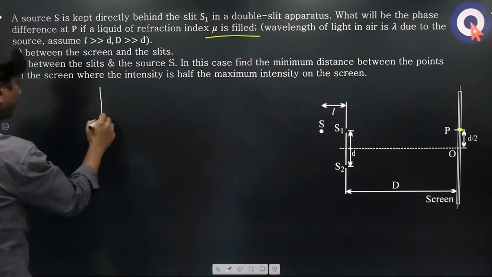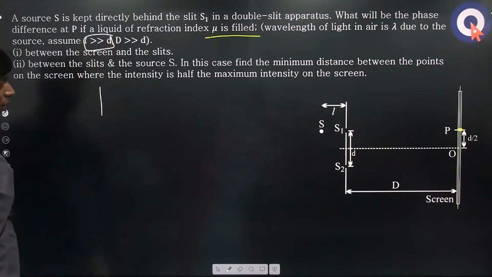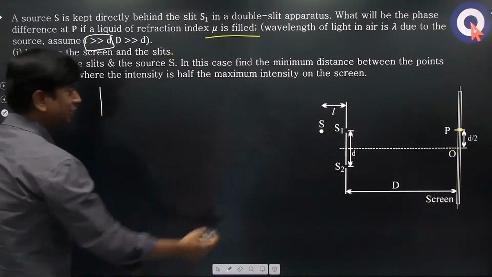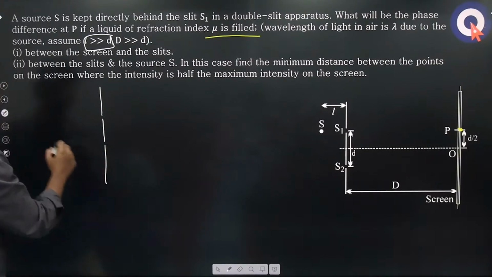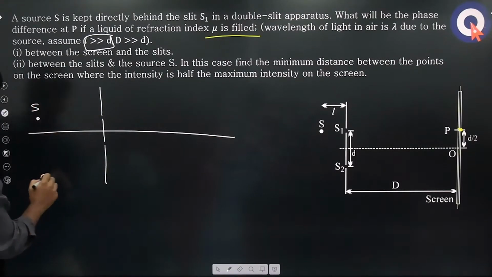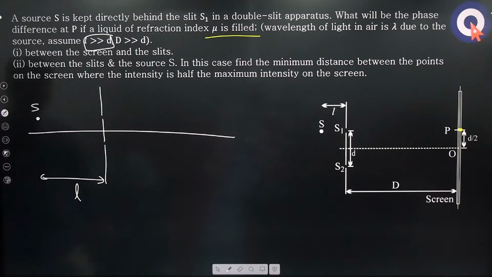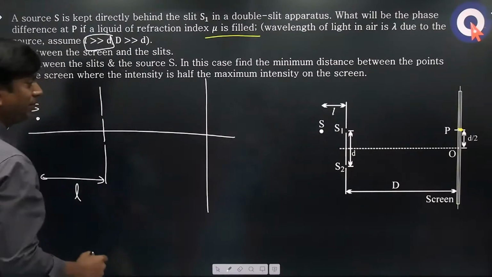So I'll just redraw this one, and it is clearly given that L is far greater than small d. So the picture can be assumed like this. This is the source, this is a length L, and you're selecting one point P, which is exactly d by 2 there.